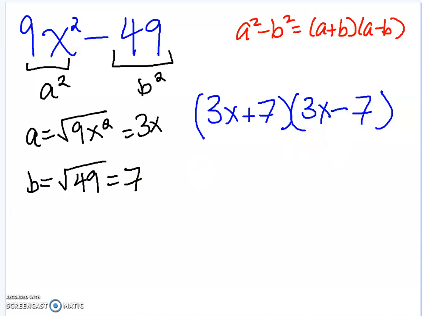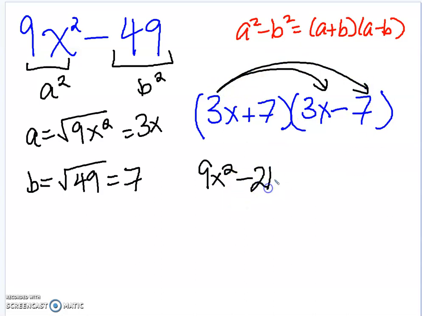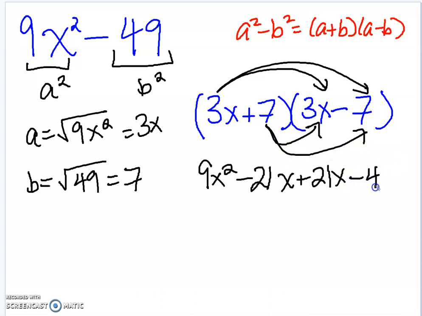The reason we do this is because if we decide to multiply this out to verify, we're going to end up with 3x times 3x, which is 9x squared, 3x times negative 7, which is negative 21x, then 7 times 3x is positive 21x, and 7 times negative 7 is negative 49.